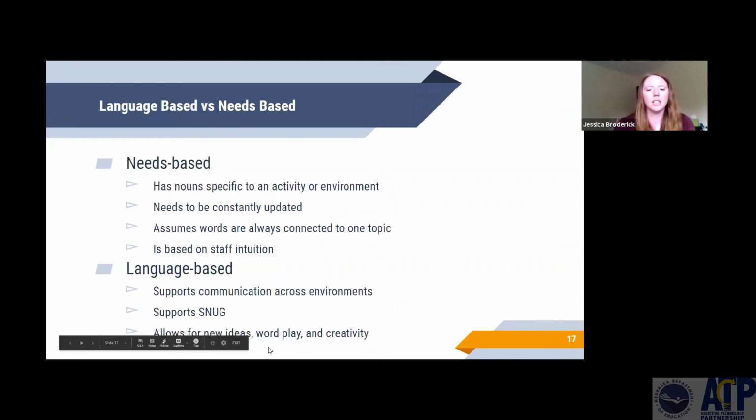It gives our kids the option to have new ideas and to say things that we maybe never would have expected them to talk about in art class or wherever they're at. So I really would encourage you to use a language-based system based on what you know about typically developing kids' language, rather than things really specific to different environments or activities.